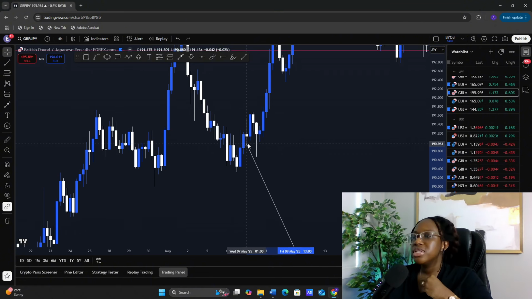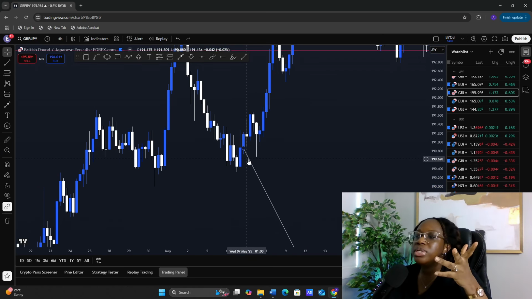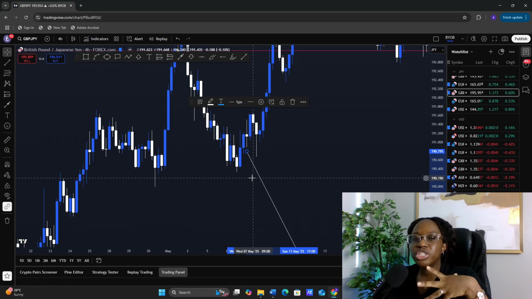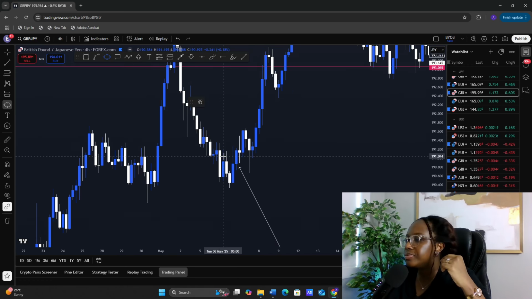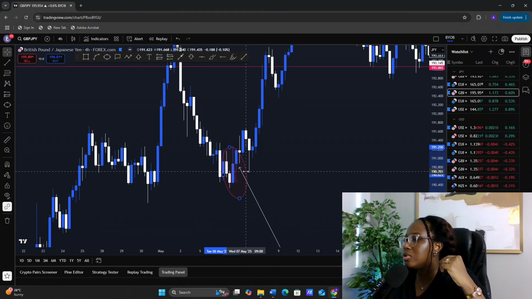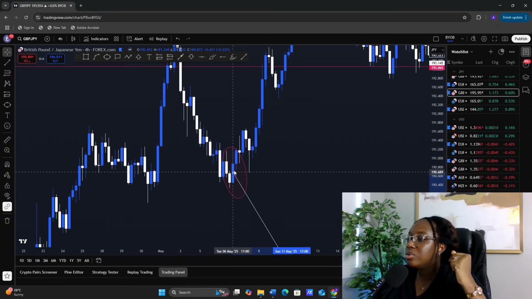So I was anticipating for the next candle to be a bullish candle, which would then be deemed a bullish variation pattern. This is what it looks like. Let me just circle it out like this. We see here we have a bearish candle, then we have two back-to-back bullish candles.